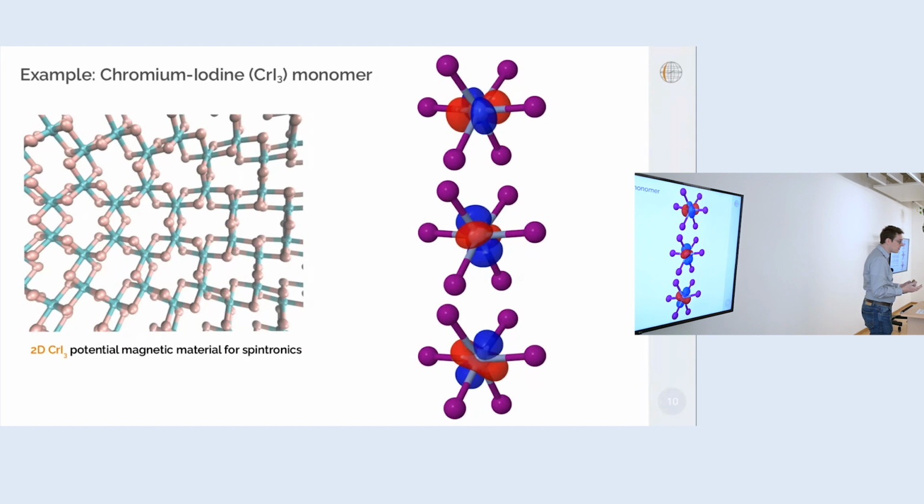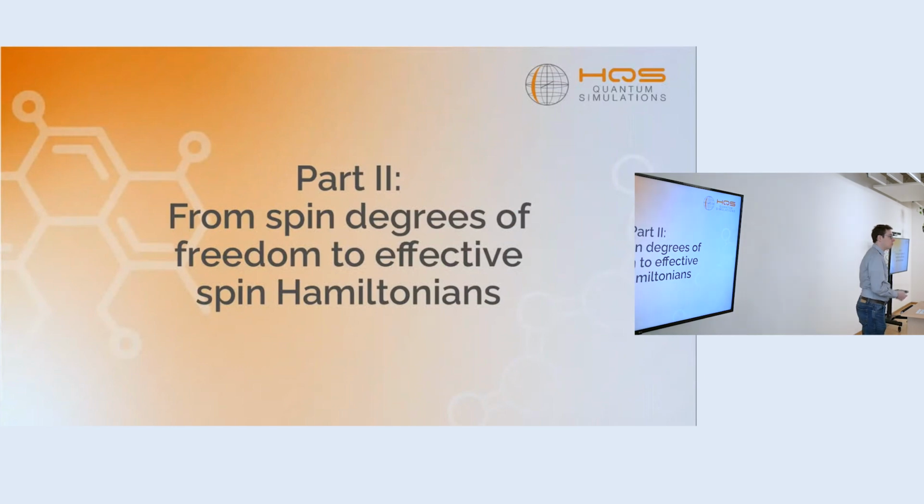So we identified the spin degrees of freedom for radicals, for magnetic materials. On to the next part. We know what the effective spin degrees of freedom are. So now we want to come up with a model description that treats these spin degrees of freedom just as spin degrees of freedom in a path that is given by the fermionic environment.